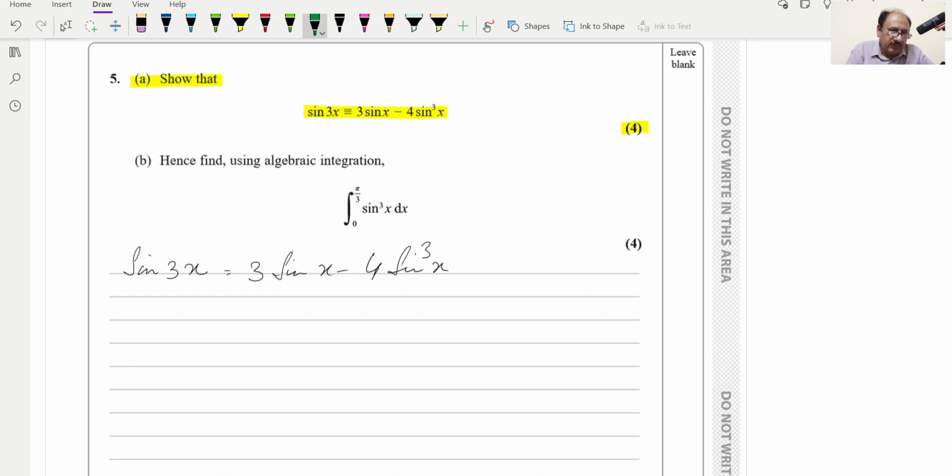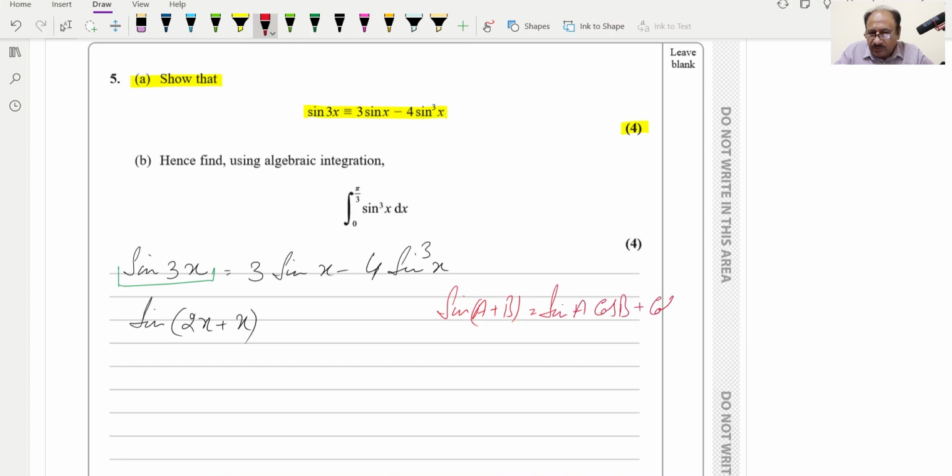So what we will do, first of all, we will take this side, and we can rewrite it as sine of 2x plus x. So our formula, we will apply sine of a plus b. I will write over here sine of a plus b will be equal to sine a cos b plus cos a sine b.